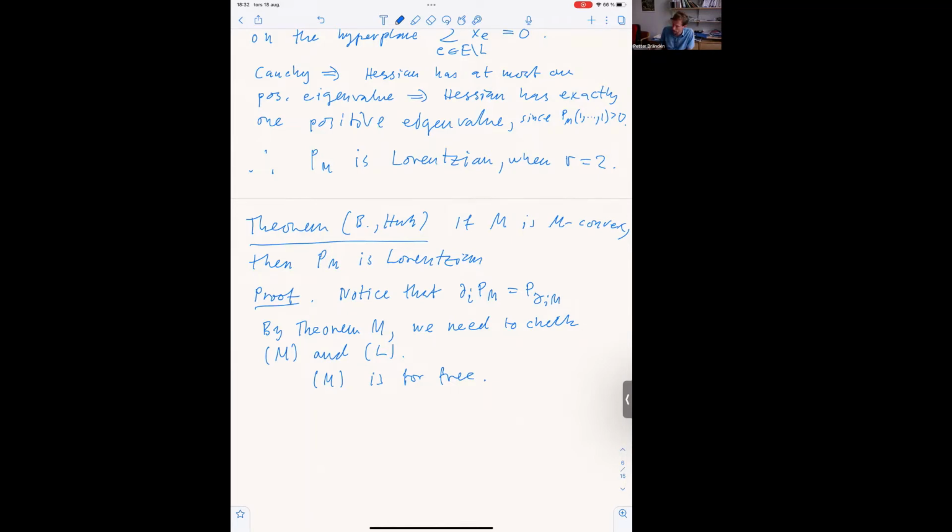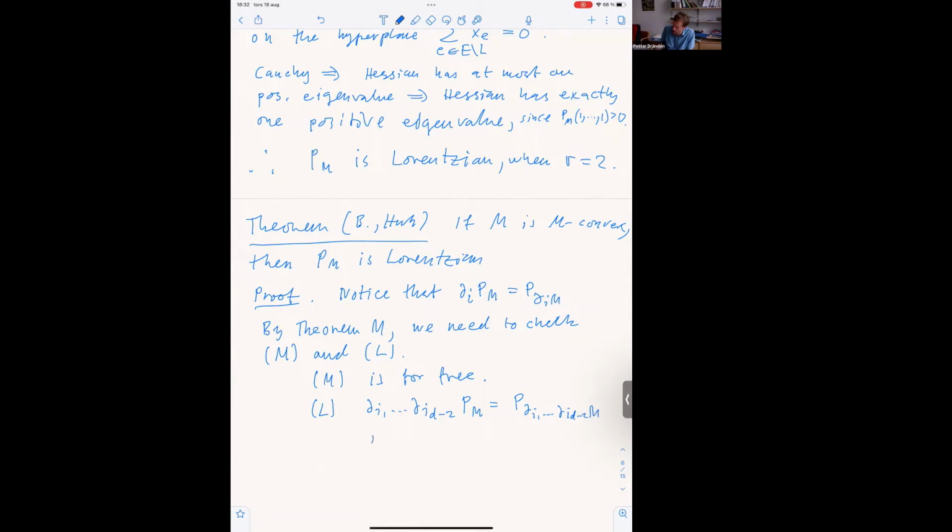And for the Lorentzian property, we see that if we take the derivatives d_{i_1} through d_{i_{d-2}} of P_M, this is just the iterated contraction.